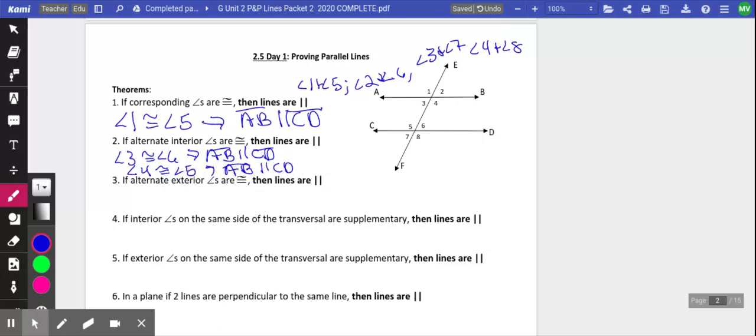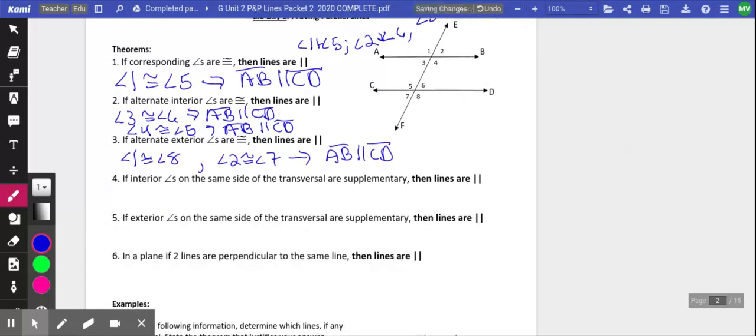And again, the angles are the same as what we studied before. It's just that now we're doing it backwards. So the alternate exterior would be 1 is congruent to 8, or 2 is congruent to 7. Both those imply that AB is parallel to CD. If the interior angles on the same side of the transversal are supplementary, then the lines are parallel.